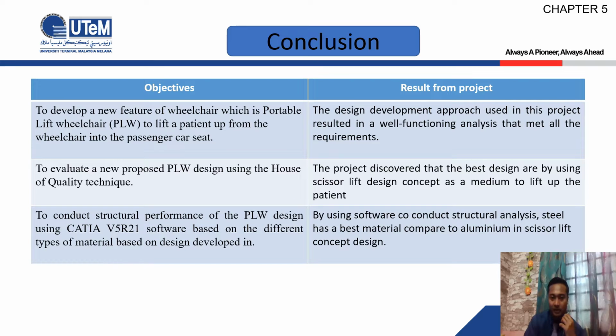The project discovered that the best design is using the scissor lift design concept as a medium to lift up the patient. And the third objective is to conduct structural performance of the PLW design using CATIA V5R21 software based on different types of material. By using the software, the structural analysis shows steel is the best material compared to aluminium in the scissor lift concept.